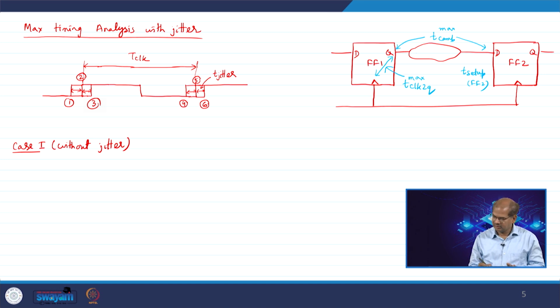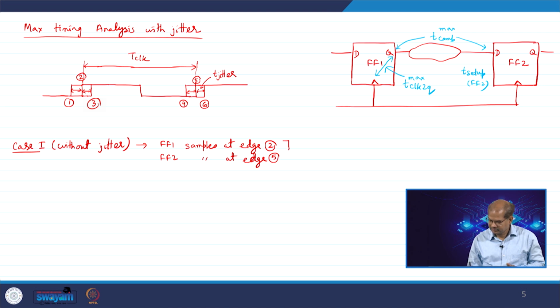In this case, flip flop 1 samples at edge 2 and flip flop 2 samples at edge 5.